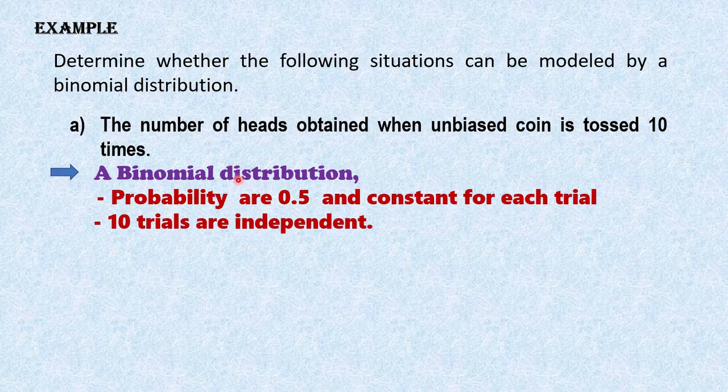So this is a binomial distribution because the probability of getting a head every time you toss a coin is 0.5. That is constant for each trial. And we have n trials, okay? 10 times you try to toss a coin.